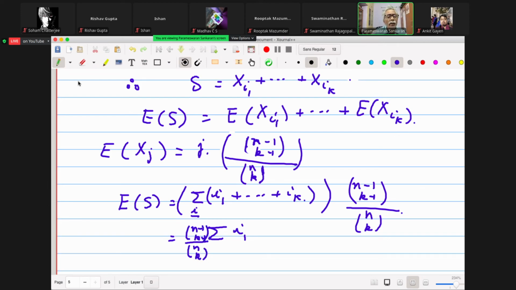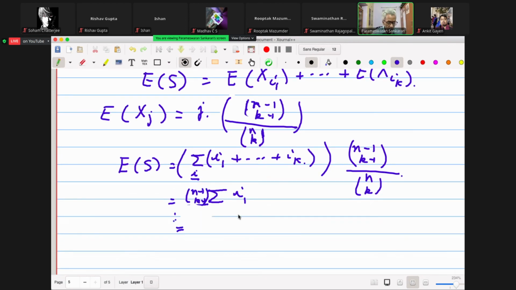So there are n minus 1 choose k minus 1 times this I1 is appearing. And I can just do this for each one of these because this factor is independent of this. And when I add up, there are k terms all with the same factor, but each I1 I am adding that many times. So essentially I am adding all the numbers.